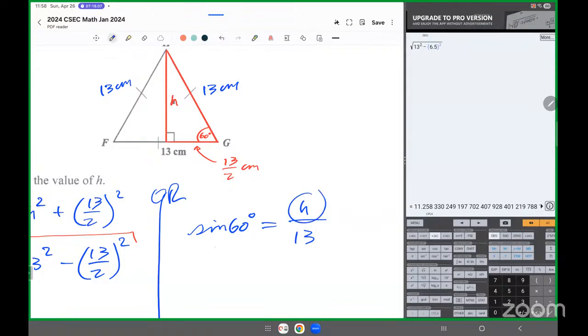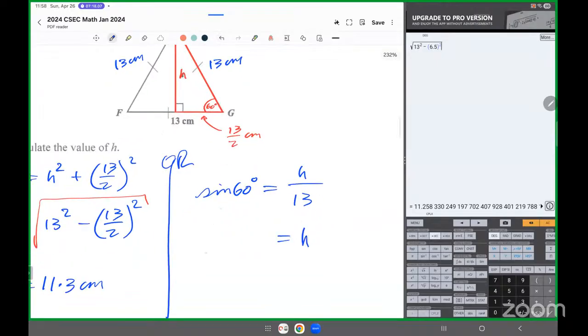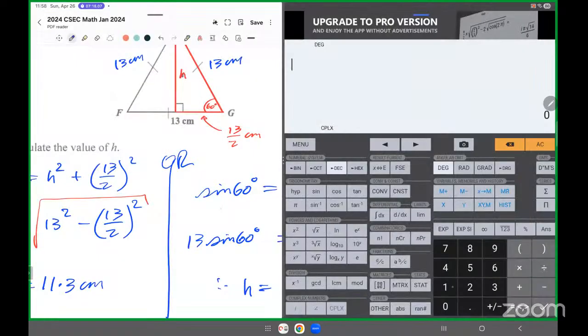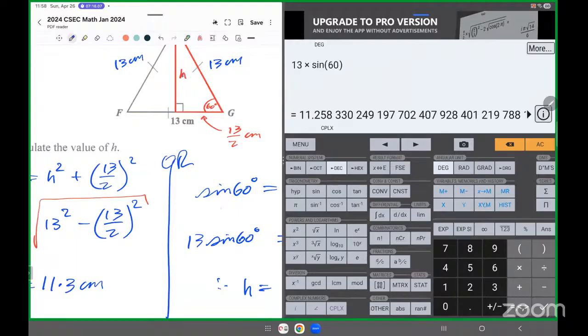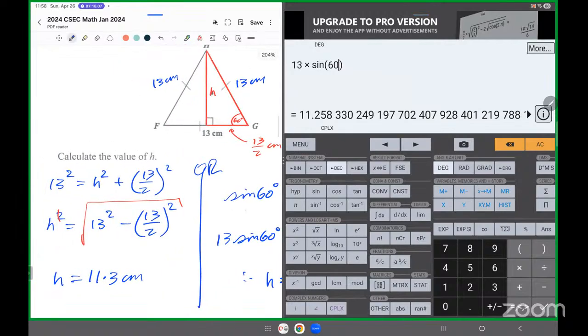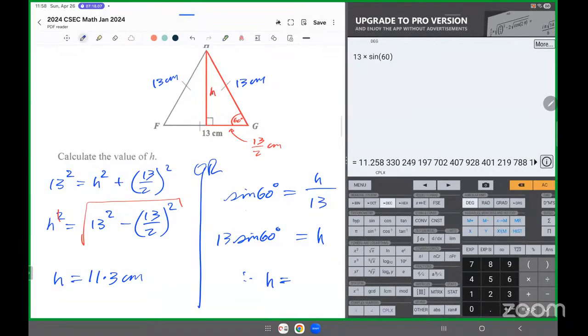So to find the h, we take the 13 and multiply it up here. So h will be equal to 13 times the sine of 60 degrees. Therefore, h will be the same thing, I'm sure. Let's do it. 13 times the sine of 60 degrees. See? 11.2 something exactly. Same thing, 11.3.